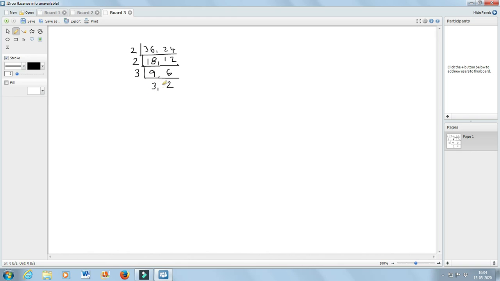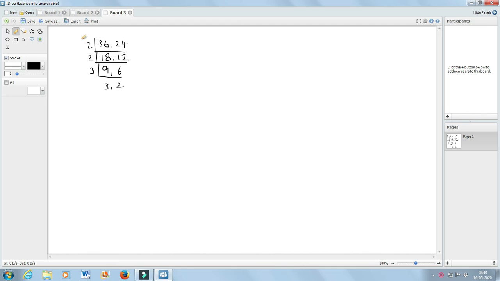Now 3 is a prime number and it cannot be divided further, and 2 is also a prime number which cannot be divided further. So I stop here. The GCF would be obtained by multiplying these three numbers, 2, 2 and 3. The GCF would then be 2 multiplied by 2 multiplied by 3, which gives you 12.